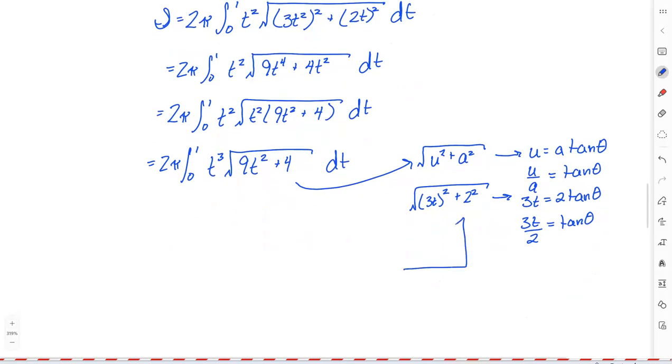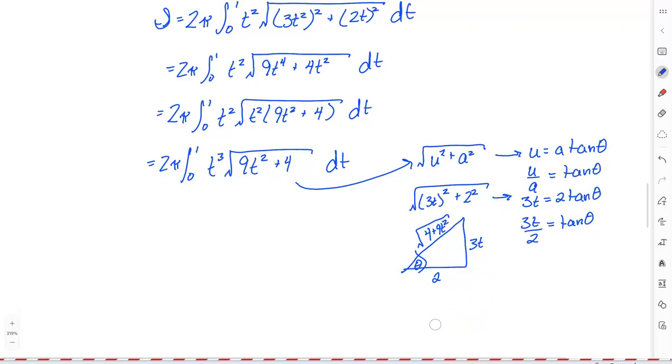I can draw a triangle based on that. Tangent is opposite over adjacent. So for this side, the Pythagorean theorem would give us 2 squared plus 3t quantity squared is equal to that hypotenuse squared, and that would be the square root of 4 plus 9t squared.